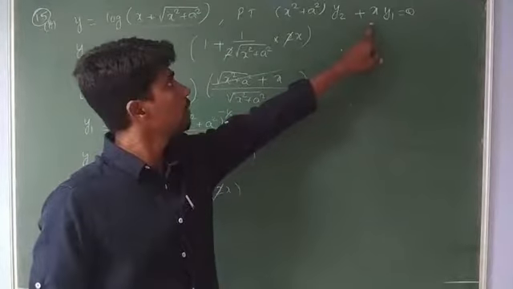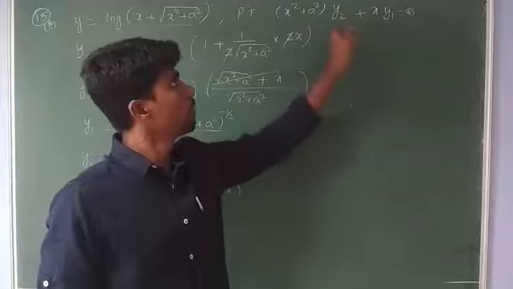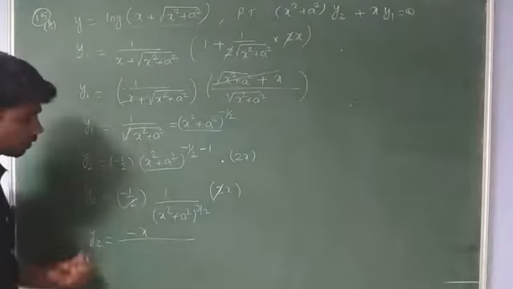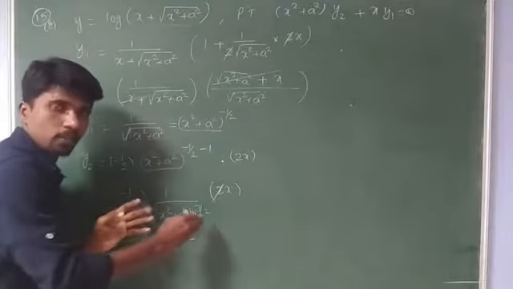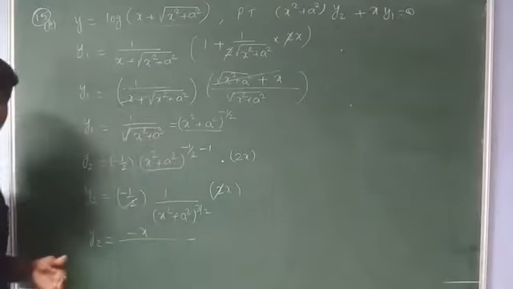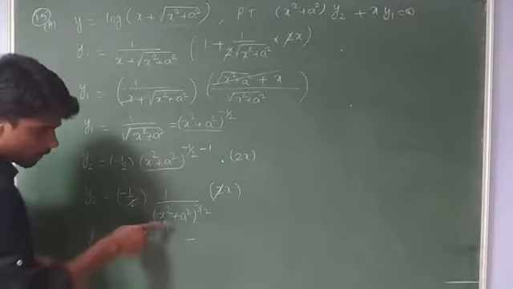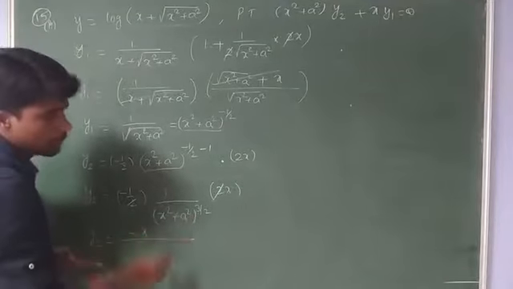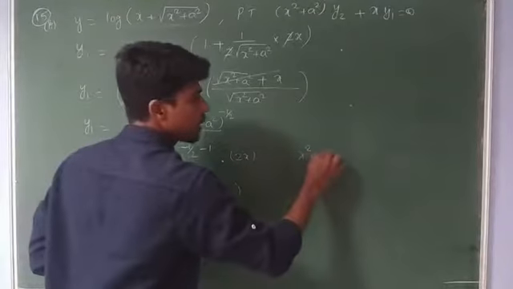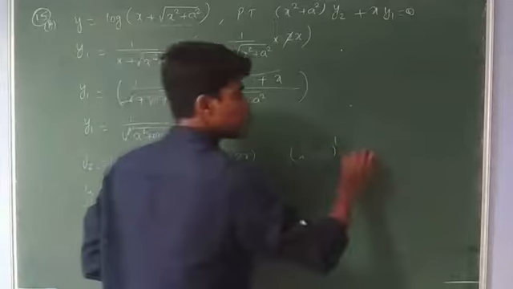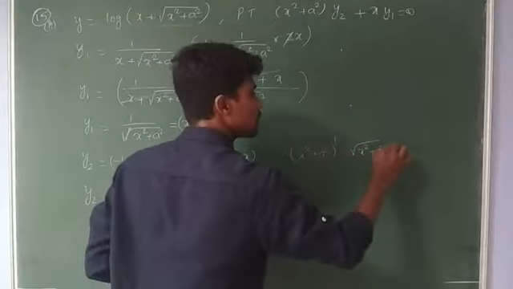We want our answer in terms of y2 and y1. Here I will get y1, I have y2. So this particular right side part I want to express in terms of y1. So how can I do it? X square plus a square whole power 3 by 2 can be written as x square plus a square whole power 1 into root over x square plus a square.